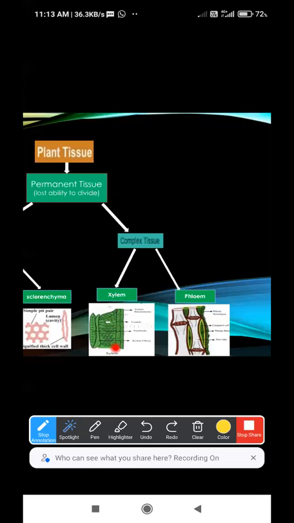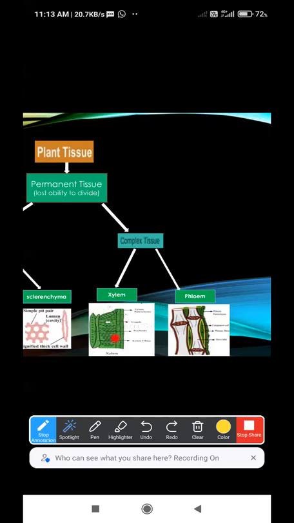In xylem tissue, the vessels are arranged one after the other to form a pipeline-like structure, and it conducts water and minerals that are absorbed from the soil in the upward direction to all the upper parts of the plants.